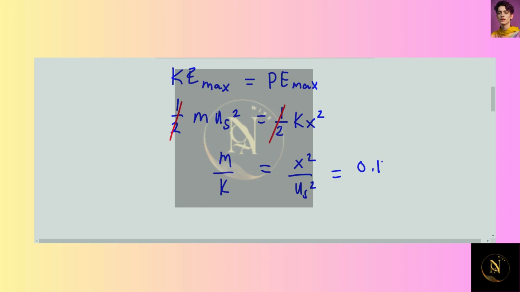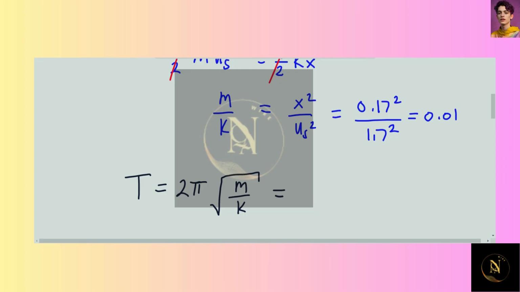And the amplitude was 17 centimeters, so that's 0.17 meters. And then we've got 1.7 for the speed. So once we plug that into a calculator, we get 0.01. So m over k is 0.01. And we can then use that to find the period. So the period of a simple harmonic oscillator is going to be 2 pi times the square root of m over k, which we just found.